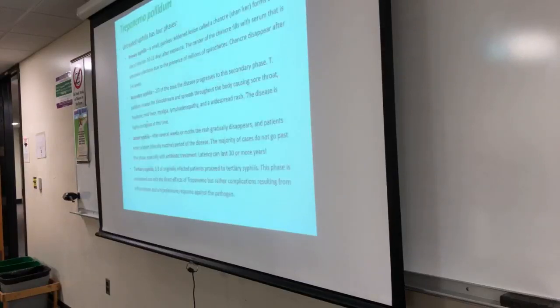What do we need to know about syphilis? We should know primary, secondary, latent, and tertiary syphilis, right? What happens during each. During tertiary syphilis, is it really treatable anymore? No, because it's triggered an autoimmune overreaction, hypersensitivity, and now your body is causing damage to itself, and now it is untreatable.